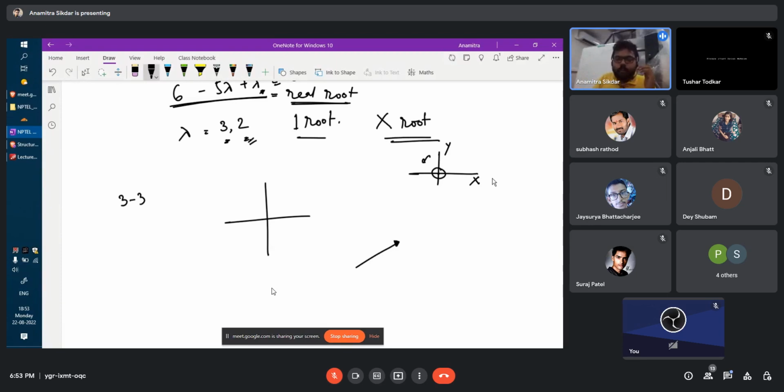What we did here, we just rotated it. So we rotated this axis, right? The new configuration is something like this: this axis went here and this axis went here.